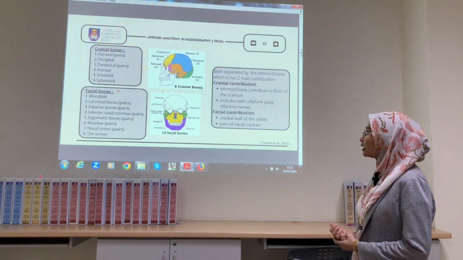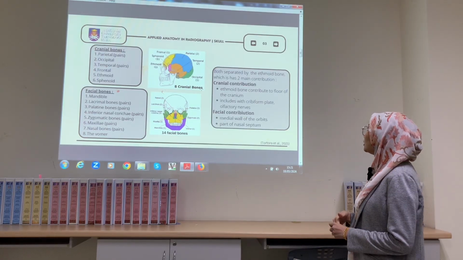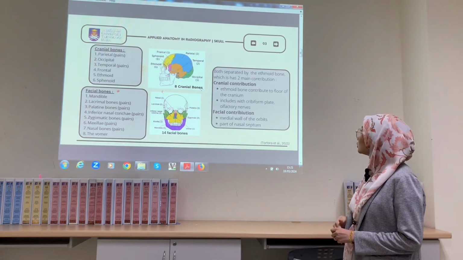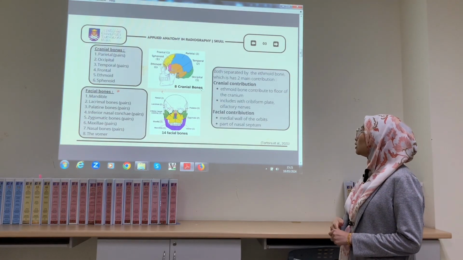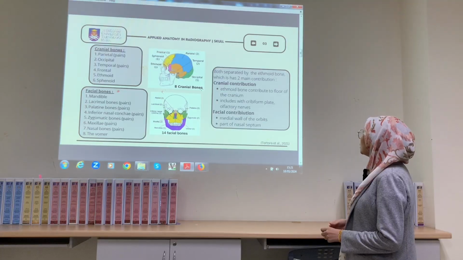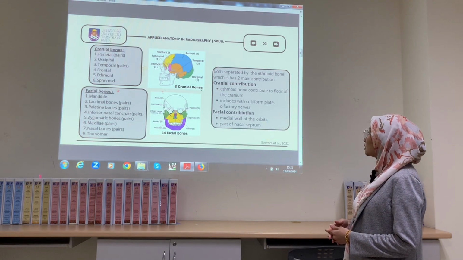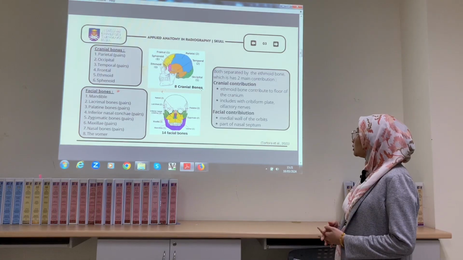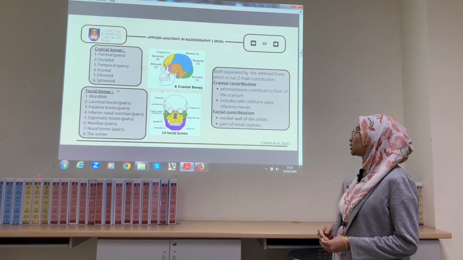Next, the skull is separated by the ethmoid bone, which has two main contributions. Firstly, cranial contribution: the ethmoid bone contributes to the floor of the cranium, including the cribriform plate and olfactory nerve. Second is facial contribution: the middle wall of the orbit and part of the nasal septum.